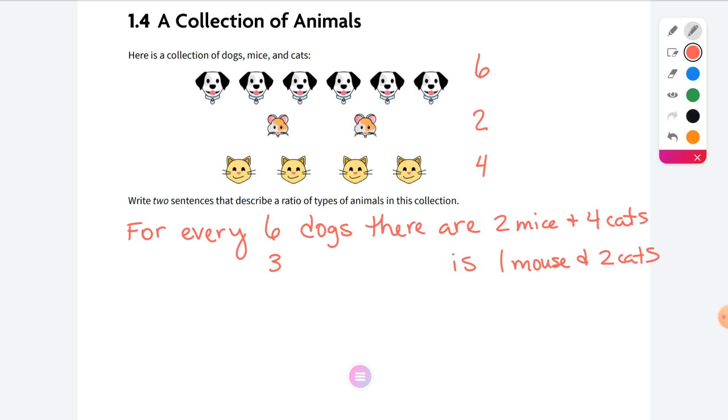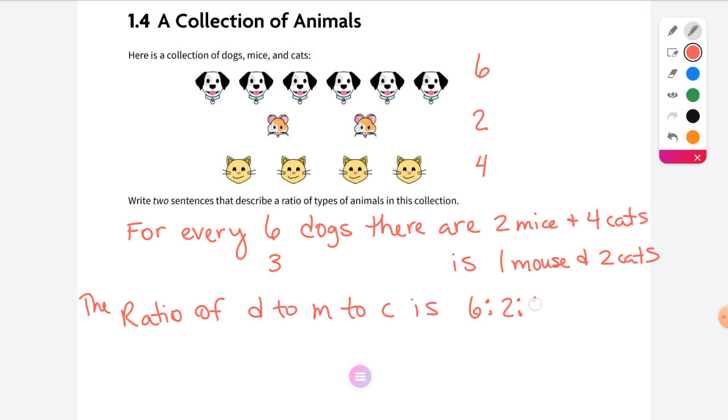Peyton? I put the ratio of dogs and mice to cats are 2 to 4. Okay, so the ratio of, I'm just going to get lazy now, dogs to mice to cats is, did you say 6 to 2 to 4?